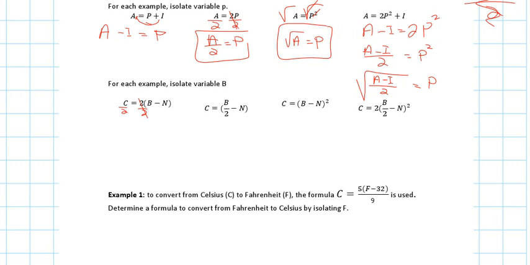And then bring the negative n over, it becomes plus n. So it's c over 2. It's just the c that's divided by 2, yes? C over 2, and then plus n. Are we good with that?